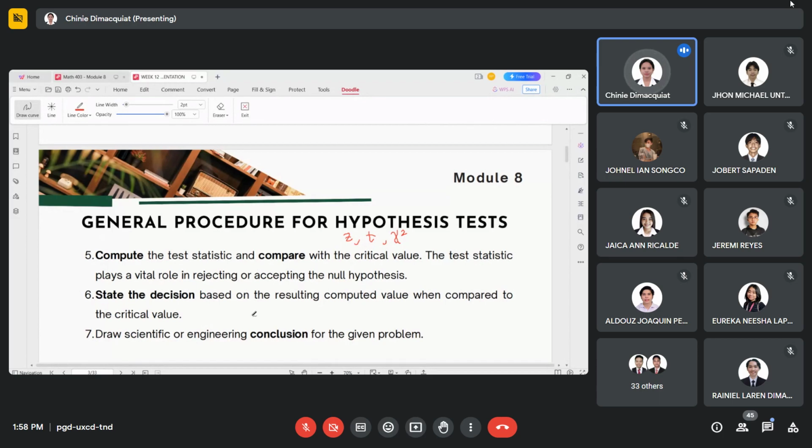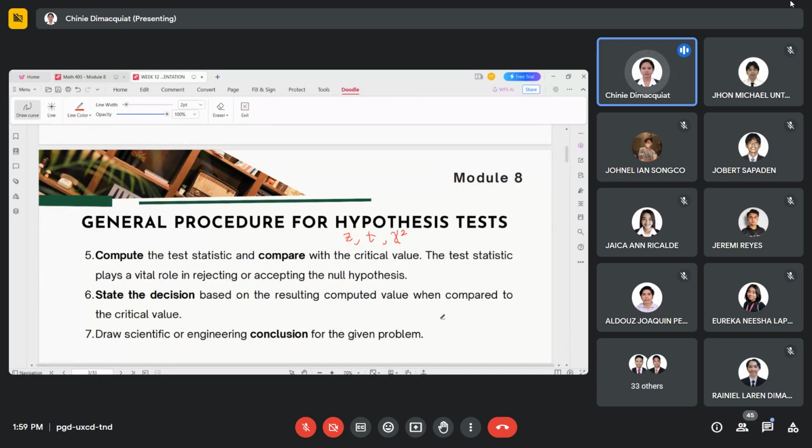So, kapag nag-fall under rejection region yung ating computed value, z value, t, or yung ating chi-square, kailangan nating i-reject. Kapag nag-fall under kay acceptance region, accept. So, state the decision. Accept or reject.